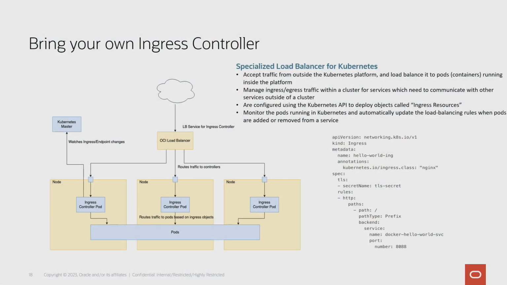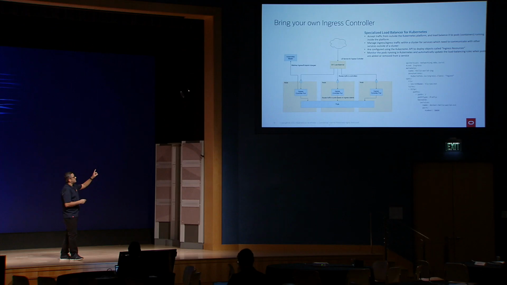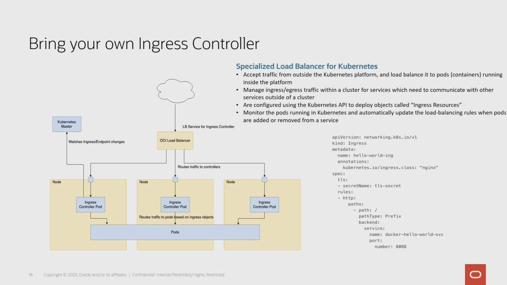So we have natively integrated Nginx, for example, with our OCI load balancer. So let's say if you have an Nginx Ingress controller, it would have the deployment in the format of a pod. So as you can see, there is an Ingress controller pod being distributed in every worker node, which is nothing but the Nginx Ingress controller deployment.